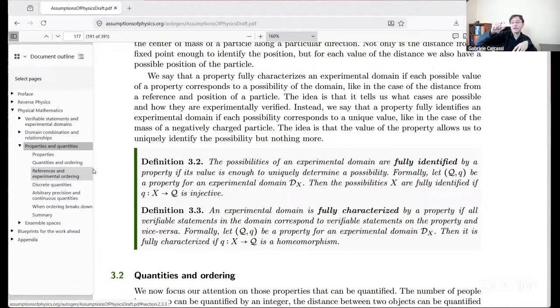And as long as you have an open set on the mass, which corresponds to a verifiable statement, that only contains one possible value of the mass of a particle, then you're able to conclude, aha, I have that particular particle. And then you're done.